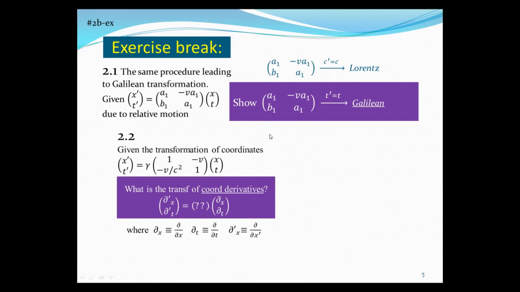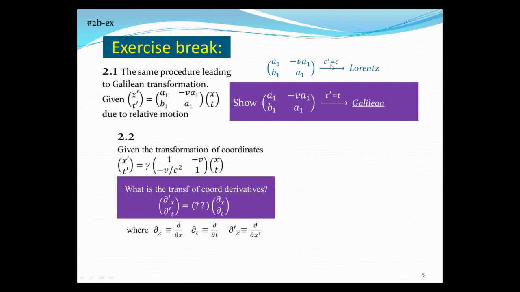So again, we can have an exercise break. The derivation of the Lorentz transformation may seem like a really new way of doing things, but actually it's the same. You can derive the Galileo transformation that way. We can set up the relative motion of two coordinate systems with velocity v, that's the same, so the relation should be given this way.